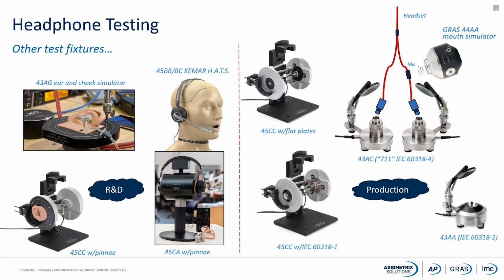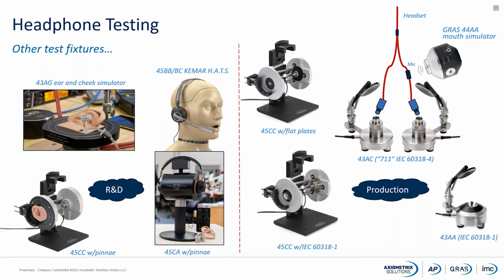For doing a final test, a type approval test maybe according to the IEC 60268-7 standard, the KEMAR can be used. KEMAR is used where you would like to have very realistic tests in a sound field where you are doing a complete set of measurements on your headphones.